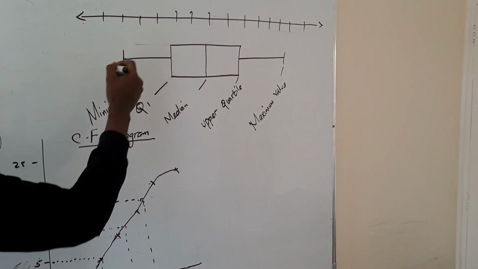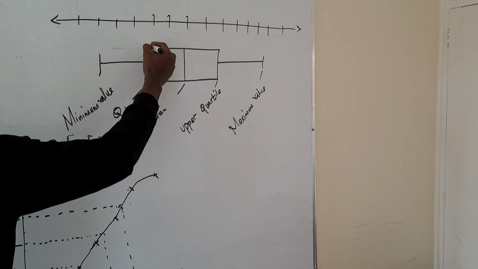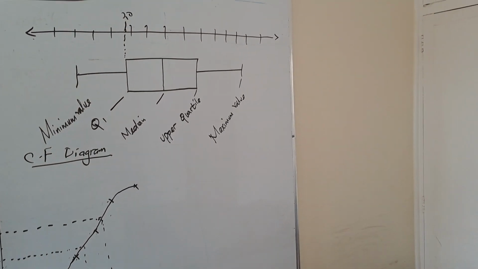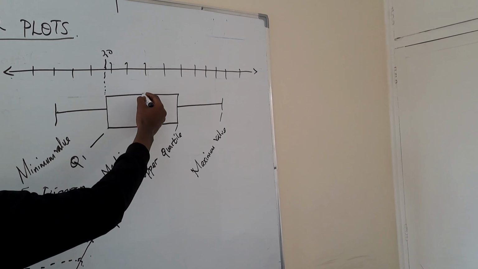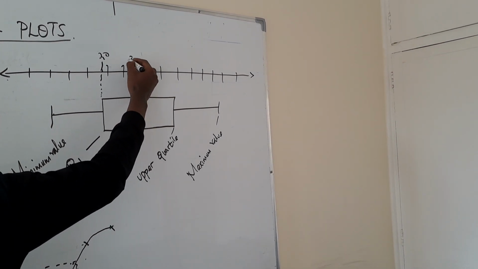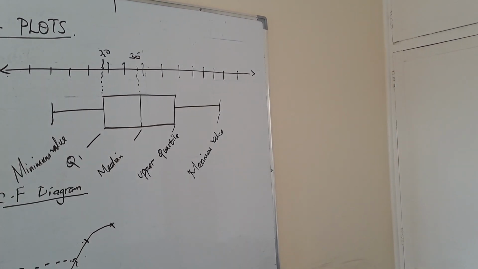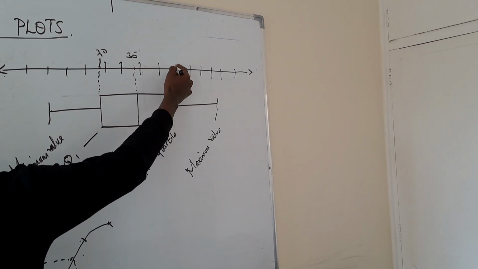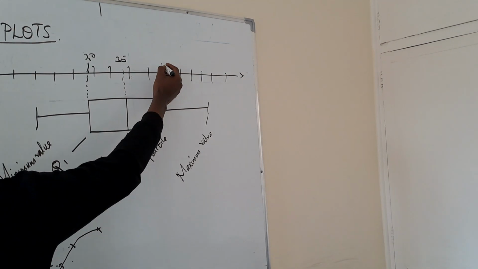So my 20 will be here. And 35 will be here because this is the median. And Q3, which is the upper quartile, will be here, which is 45.